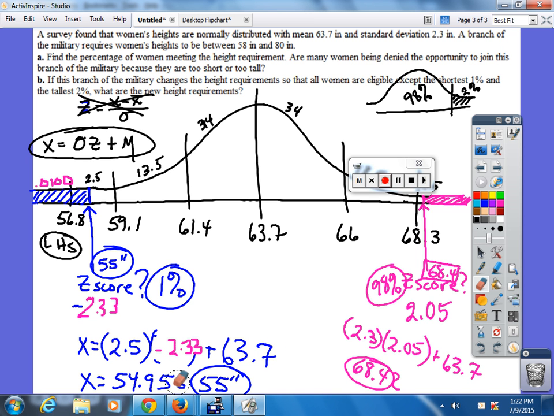I'm sorry, 57.9. That looks better. 57.9, which is 58. And I was right here because my drawing was right, so that makes me feel better. So that's equal to 58 inches.